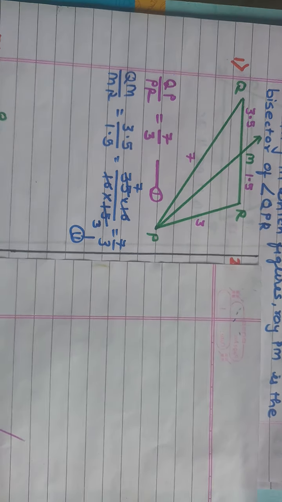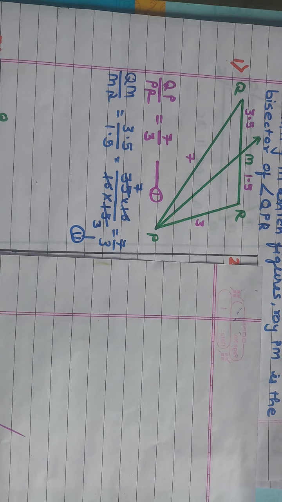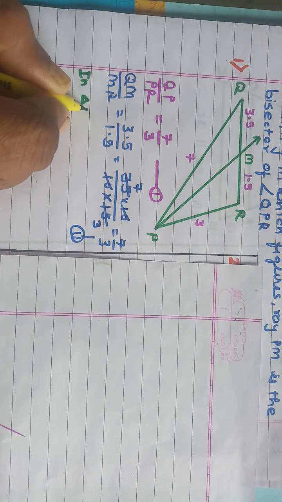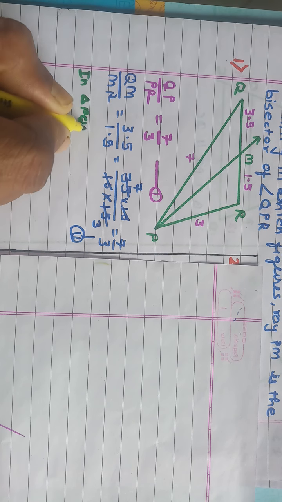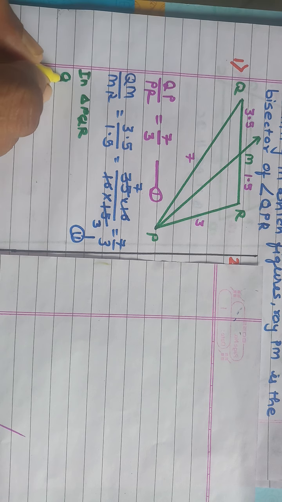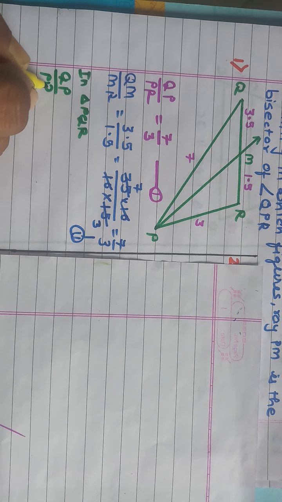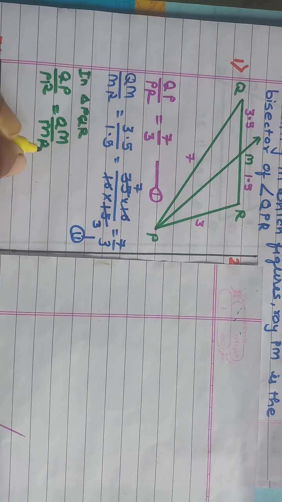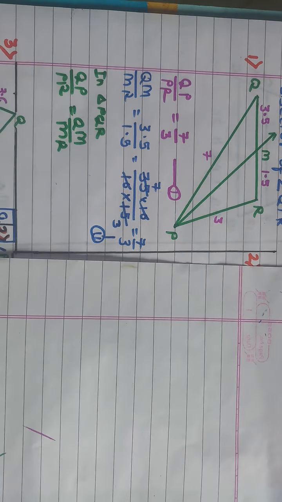Okay, so from equation number 1 and 2 we get, in triangle PQR, QP upon PR is equal to QM upon MR. Both the ratios are equal.